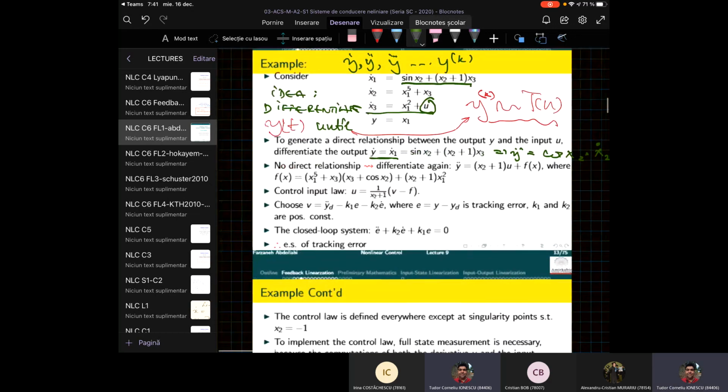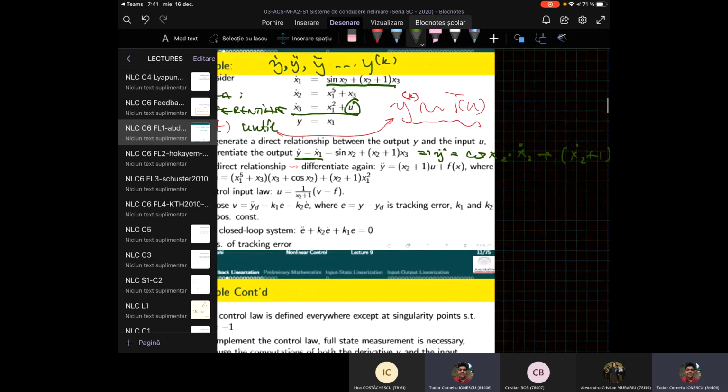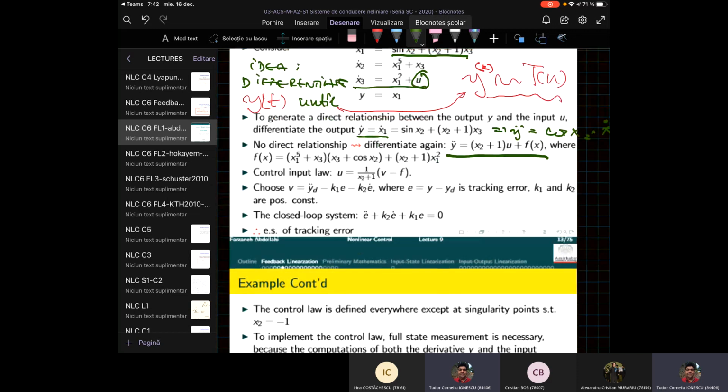So differentiating once again, you do all the computations and you get this relation, some f of x, you don't care about f now, plus a simple relation containing u. f of x has this complicated form. We don't care at the moment. But if you get this relation, then you easily compute the feedback linearization u.